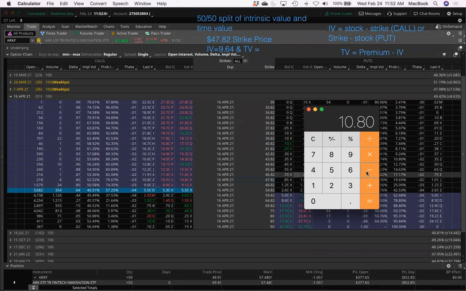We're going to subtract the intrinsic value of 9.64, and that gives us 1.16 of time value. I don't think I have to do the calculation of the percentage there, but obviously that's nowhere close to 50-50. Of course, you could still select this strike if you desire to.